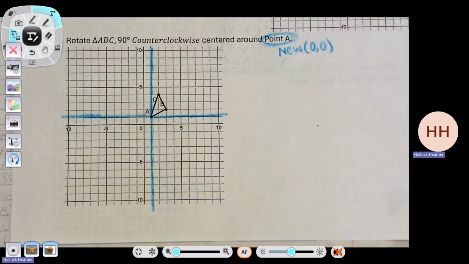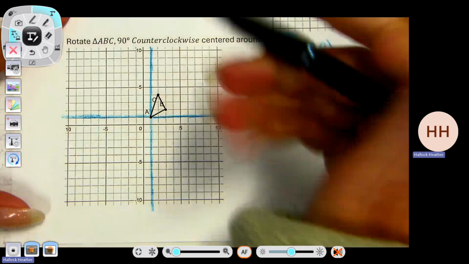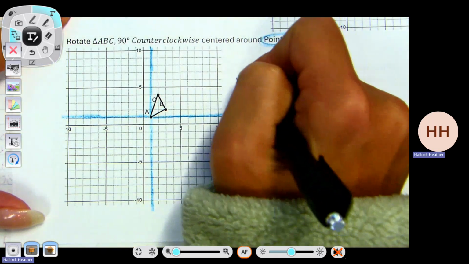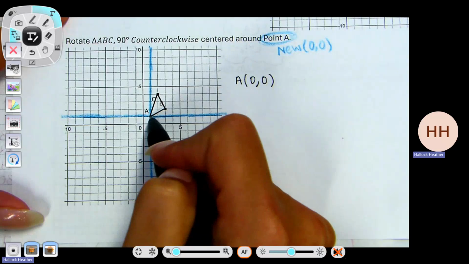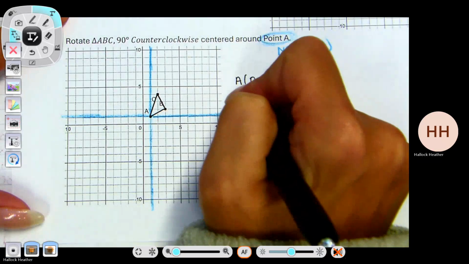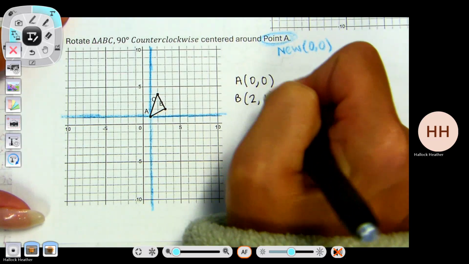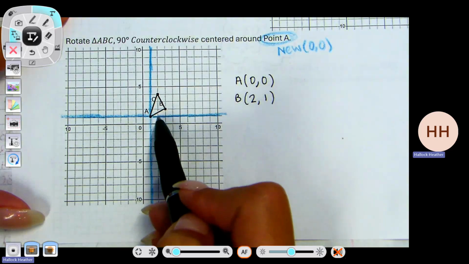So you should be using coordinates. A is at 0, 0. Technically it was at 1, 1, but now it's at 0, 0 because that's where we moved the origin. B is at 2, 1. And C is at 1, 2, 3.